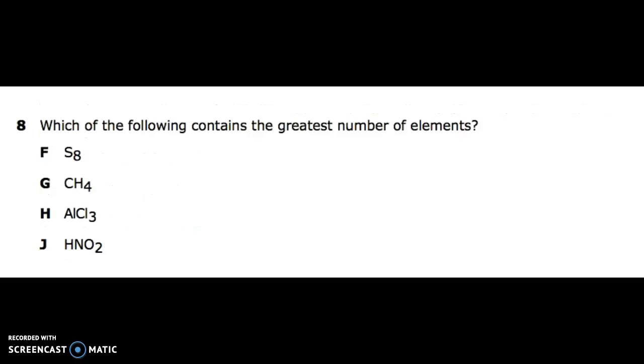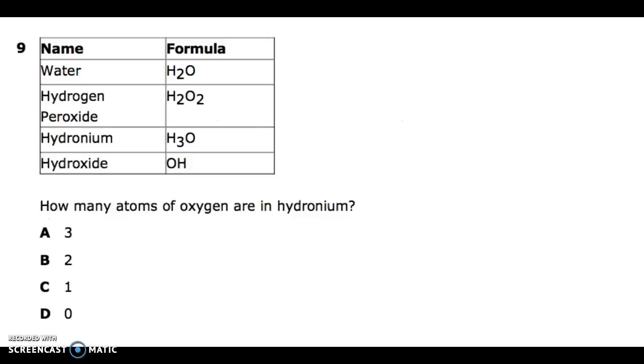Number 8, which of the following contains the greatest number of elements? F, SH, G, CH4, H, AlCl3, J, HNO2. You have a table with the name and the formula.